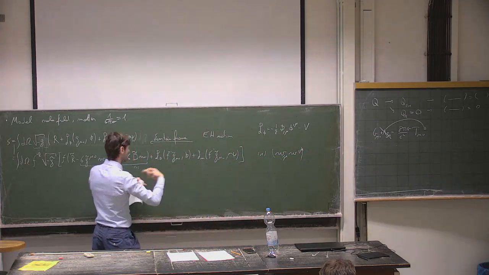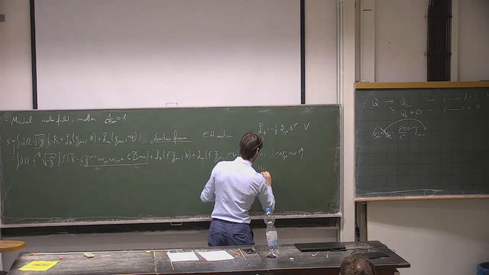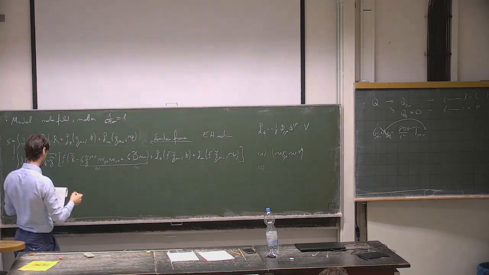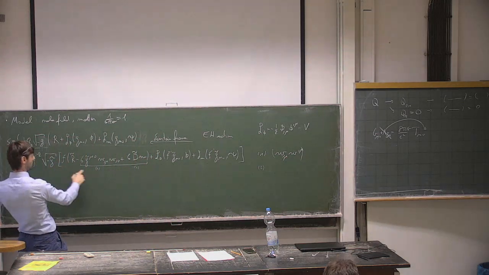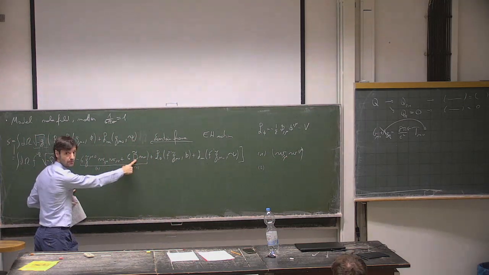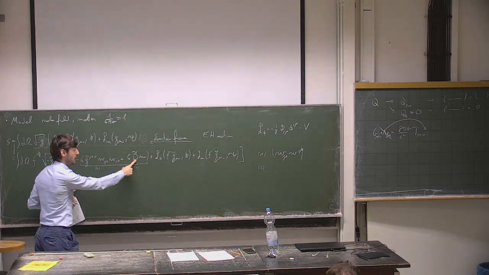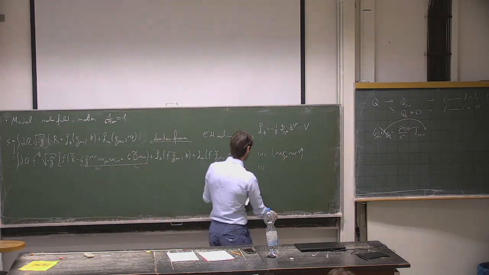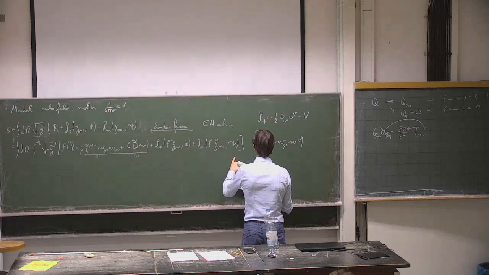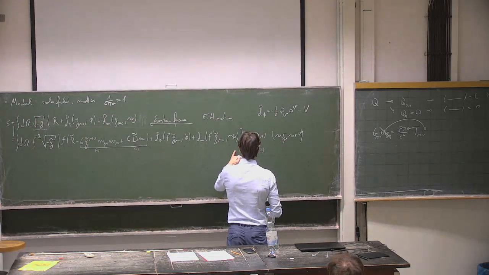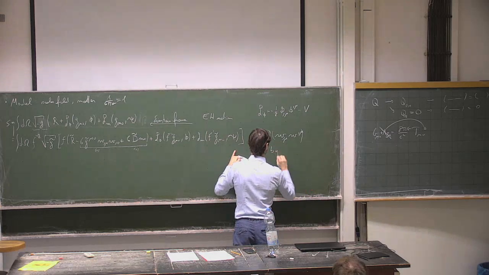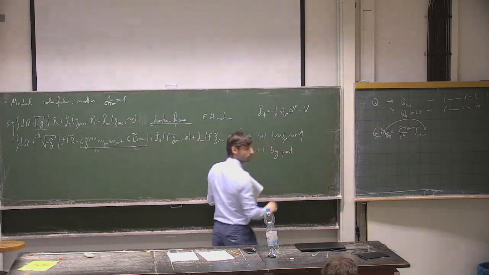This guy here needs a little bit of reshuffling. So you see that we have an integral with this guy here, with derivatives. And we can solve this integral, or split this integral, by integrating by parts.